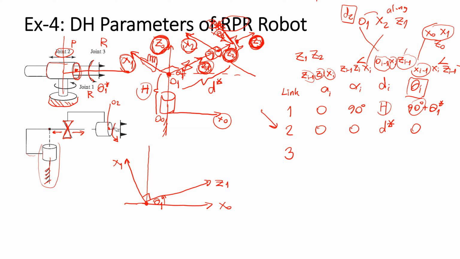If you see this picture, you have x2 in that direction, and this is x3. The angle difference between x2 and x3 is controlled by theta 3.